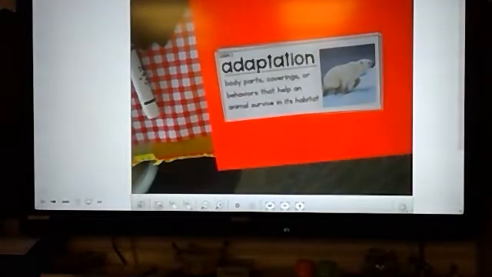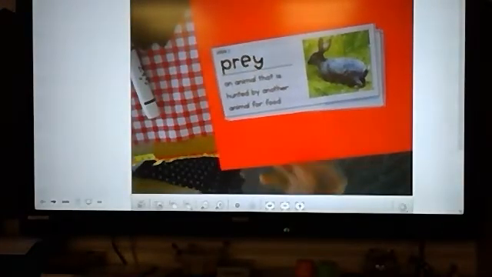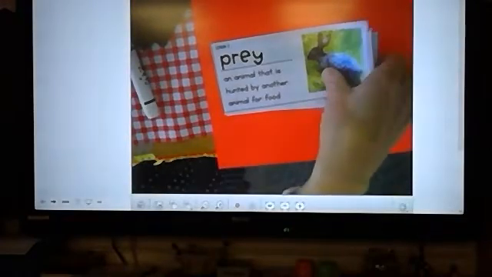Adaptation. Body parts, coverings, or behaviors that help an animal survive in its habitat. Prey is an animal that is hunted by another animal for food. So those are the words that we are going to be seeing in our work today.